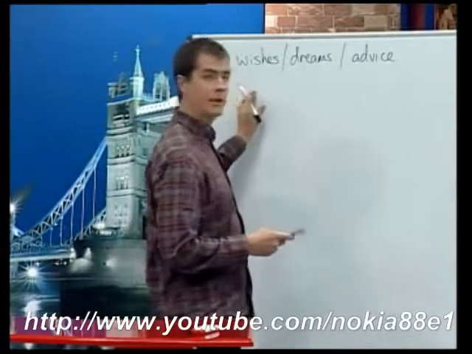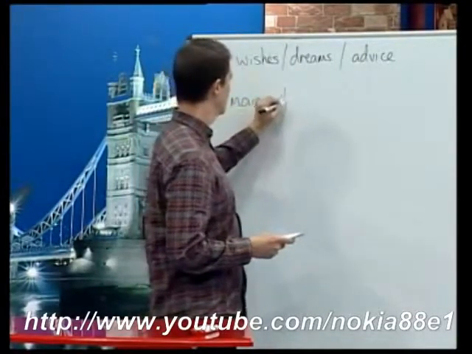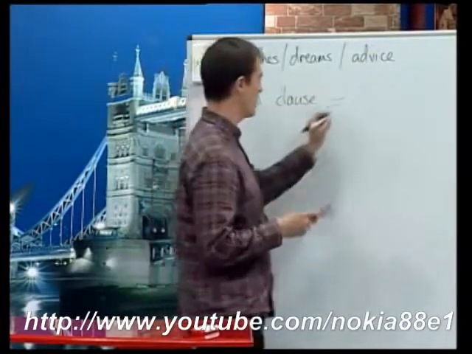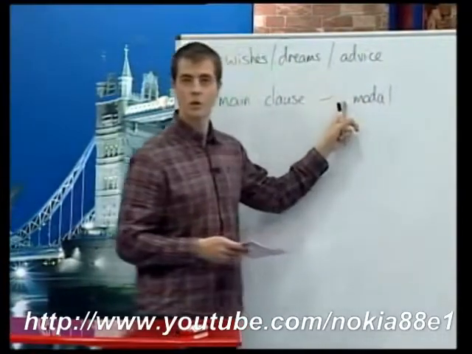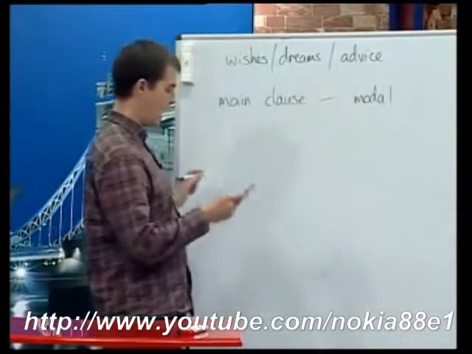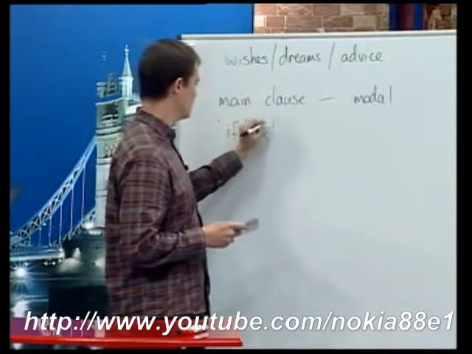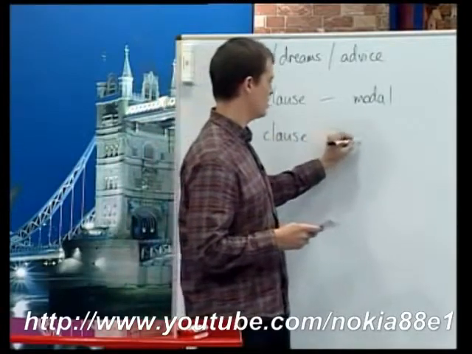Now, in these kinds of conditionals, in the main clause, we use a modal. We use would, could, or might. And in the if clause, we use what's called the subjunctive.